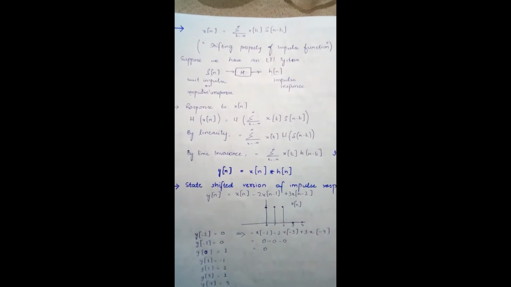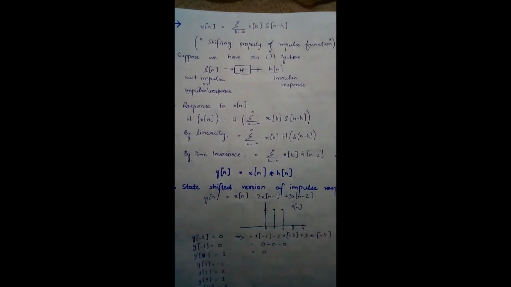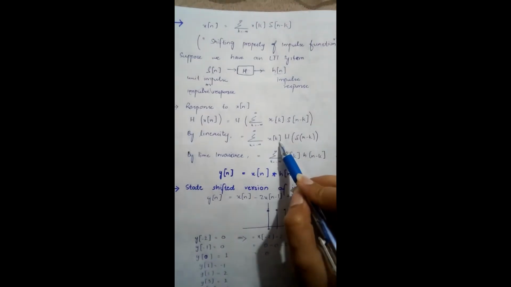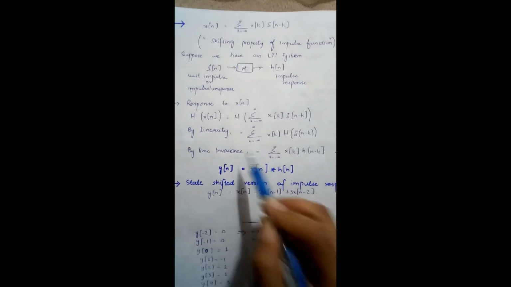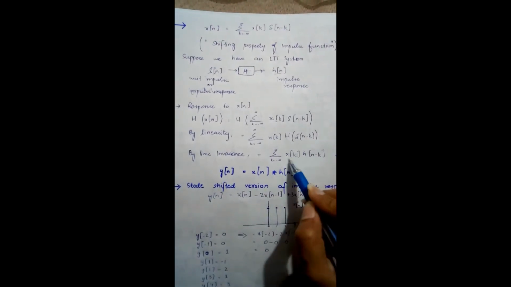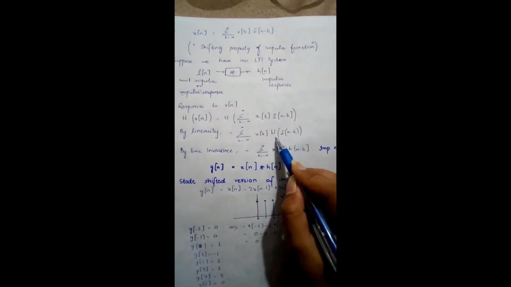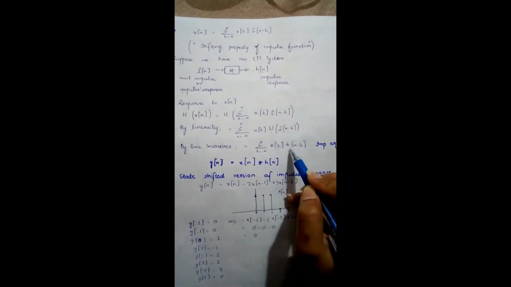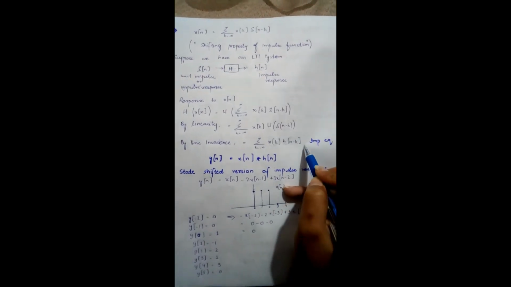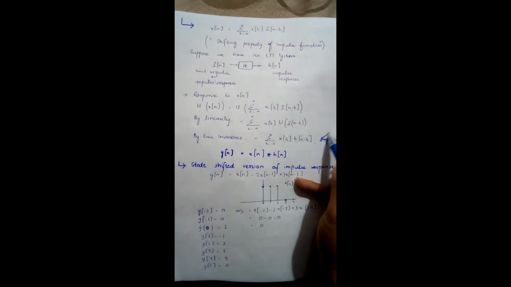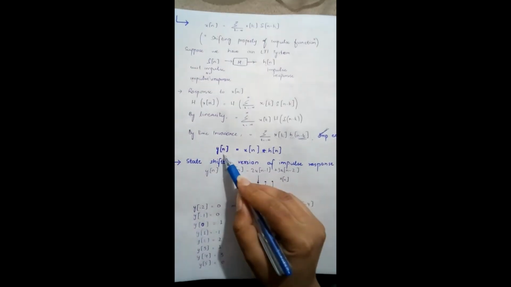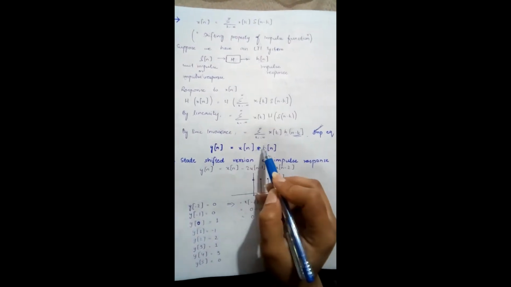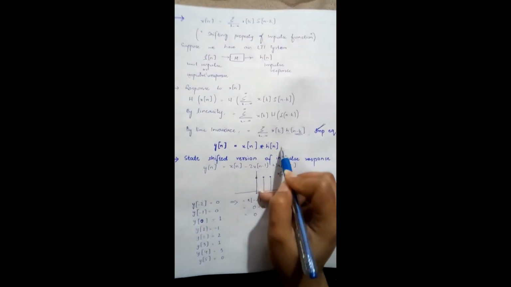By linearity, it becomes equal to summation of x of k into h of del of n minus k. But in time invariance, this x of k is a constant, and this changes to the del function of n minus k. So this is an important equation, and basically this is equal to the convolution function. y of n is equals to x of n convolved with h of n.